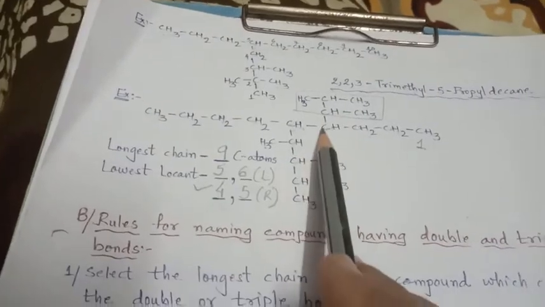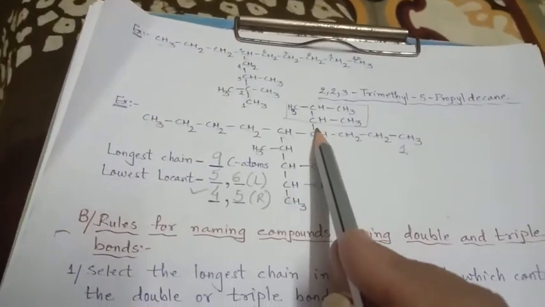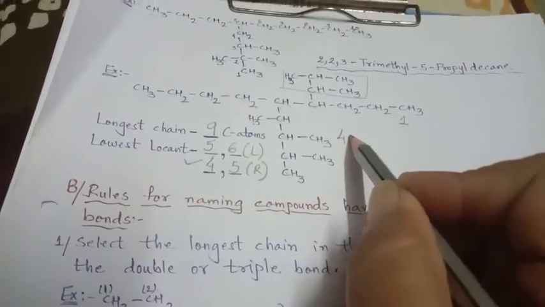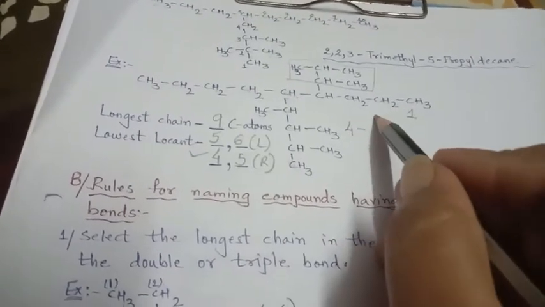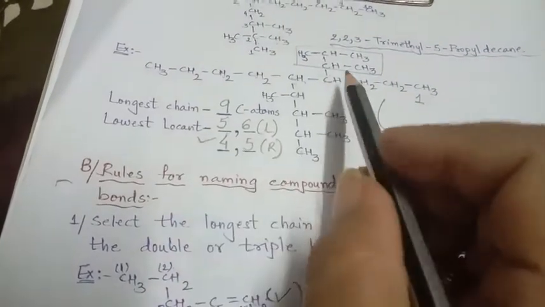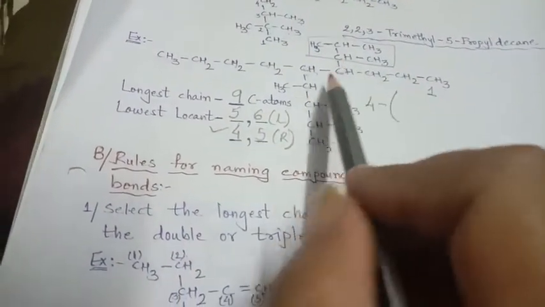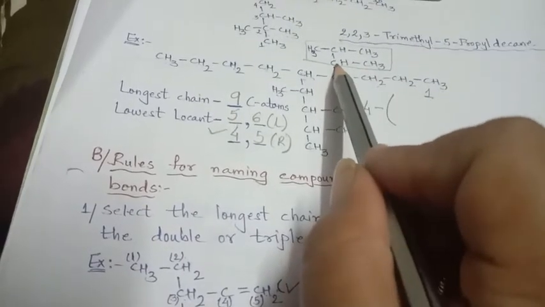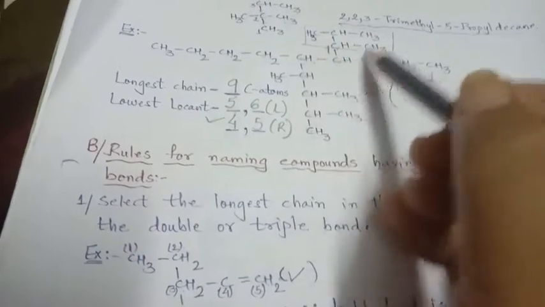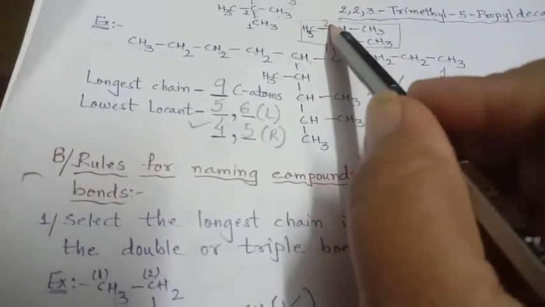Now see here, the fourth position is our complex chain. So first what we will have to do, write 4, then hyphen, then the complex will be in the bracket. Please take care everyone. Now in the bracket, please see this carbon is attached to the parent chain, so this will be your number 1 and this will be your number 2.